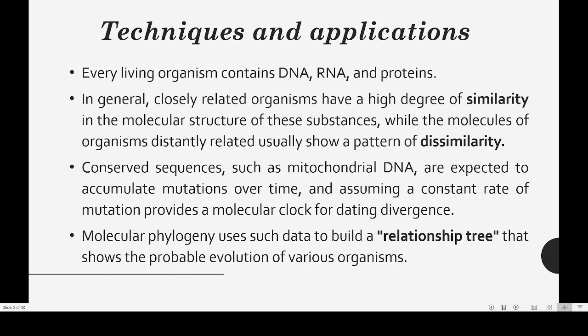So the closer the DNA sequence, the closer the DNA similarity, the closer will be the evolutionary similarity between them. So closely related organisms, for example, you take a lion and you take a leopard. Both belong to the cat family, and you are comparing the DNA of a lion and a leopard, and you are also comparing it with the DNA of a rabbit.